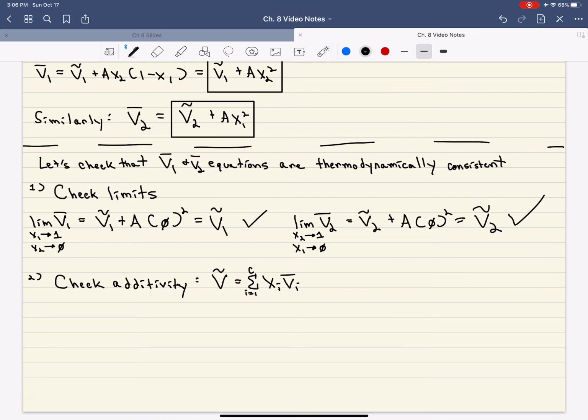Okay, so to check this, let's just apply the definition. The sum of xi vi bar, i equals 1 to c, and so x1 v1 bar plus x2 v2 bar. And so we know from our model, v1 is equal to this, and v2 is equal to this.